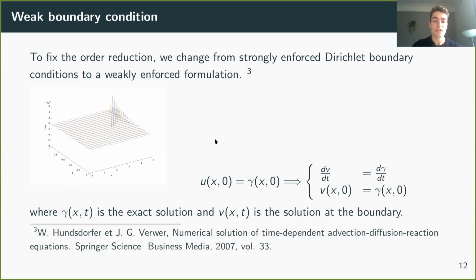To do that, we use the V implementation, because before we were using the Dirichlet boundary condition to fix the solution U on the boundary. But now we're going to impose a differential equation on the boundary, introducing a new variable V, which corresponds to the derivative of the exact solution gamma.